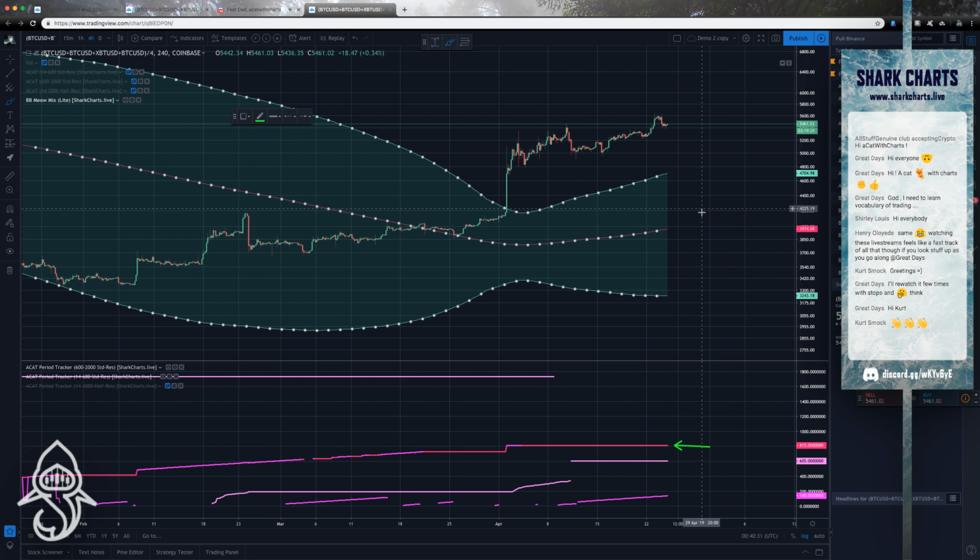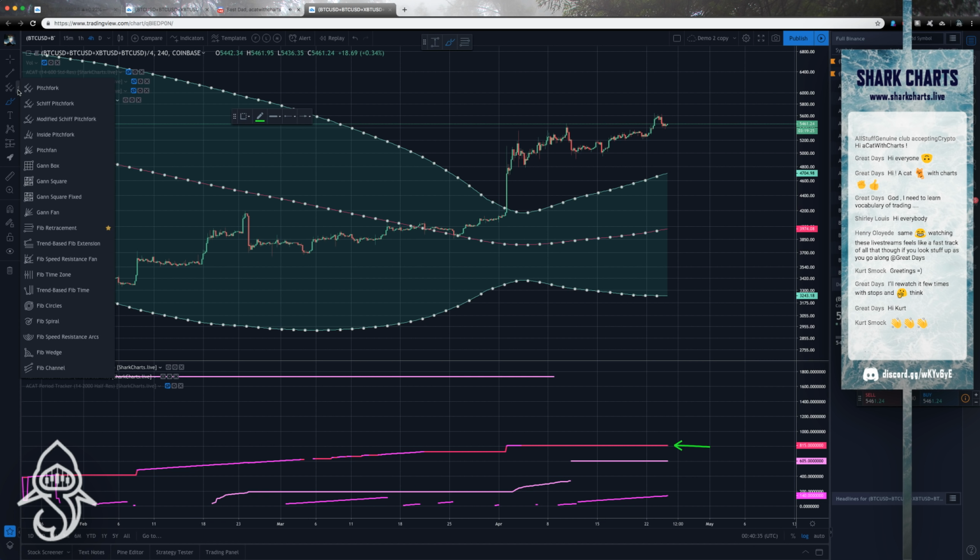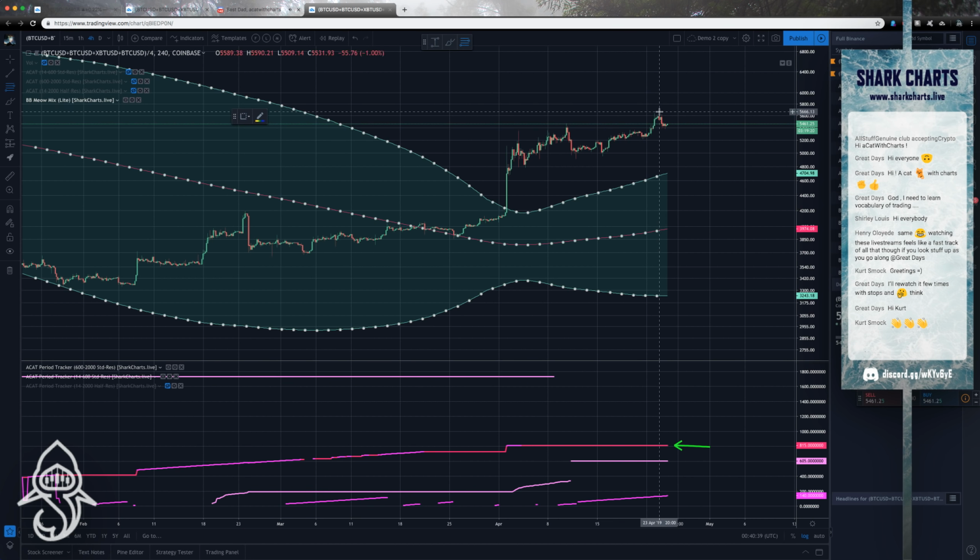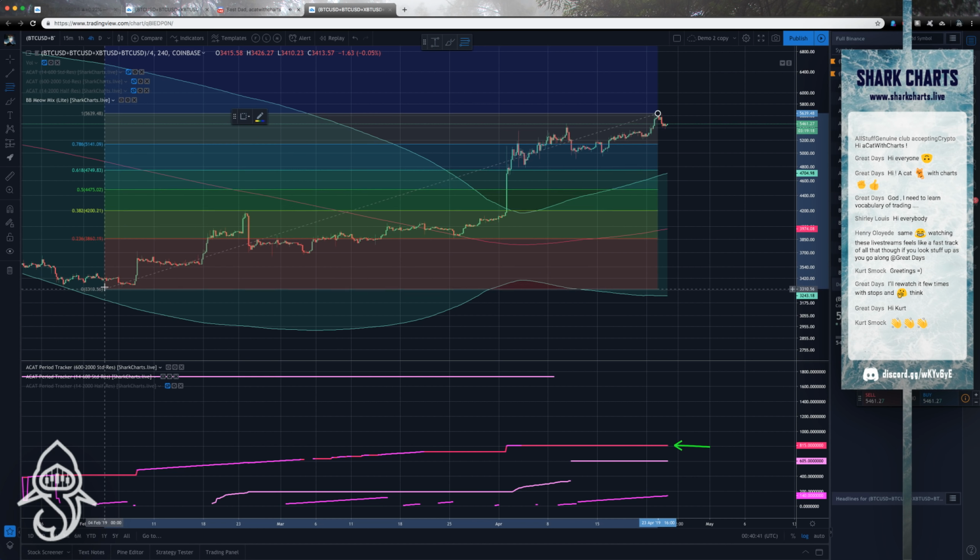At the moment, Bitcoin is roughly traveling along the 2.2 standard deviation on the longest overexpanded period. So I've got the pivot for mean reversion on that period at 4,800 and the longest compressed period at 4,700.